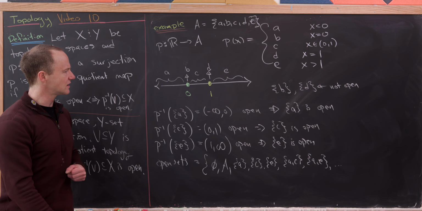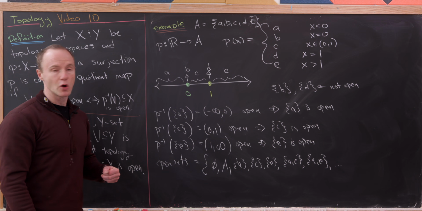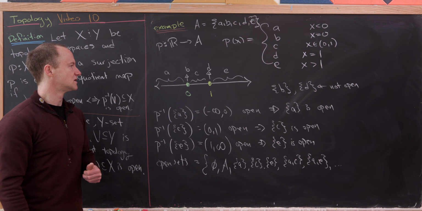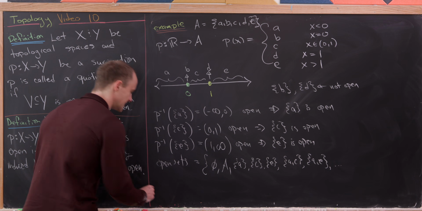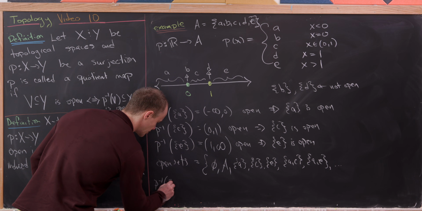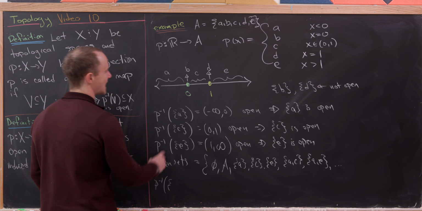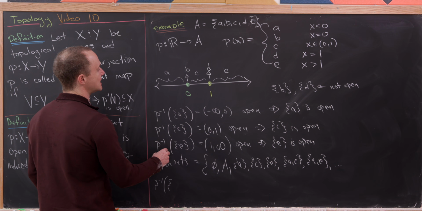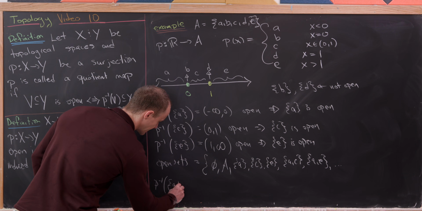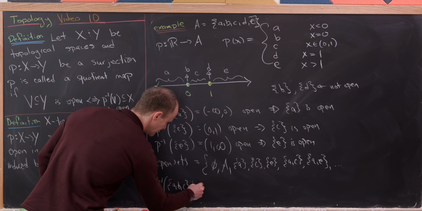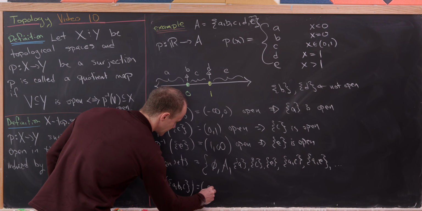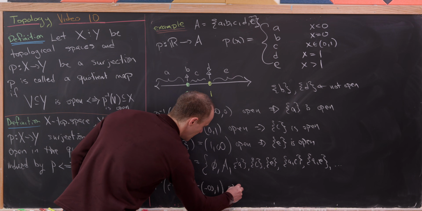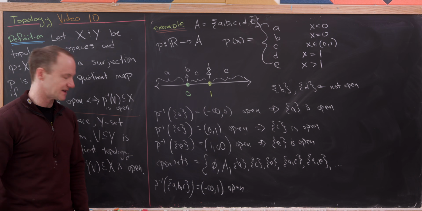Oh, but now that I look at this, we're missing some open sets when we do this. Notice that if we, for instance, take the pre-image of the set containing A, B, C, observe that that's going to give us the interval from minus infinity to 1, which is an open set.